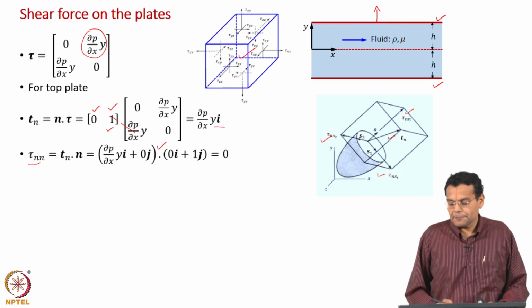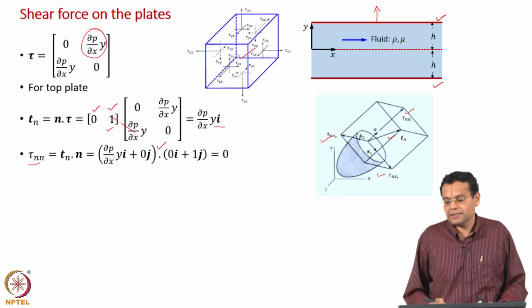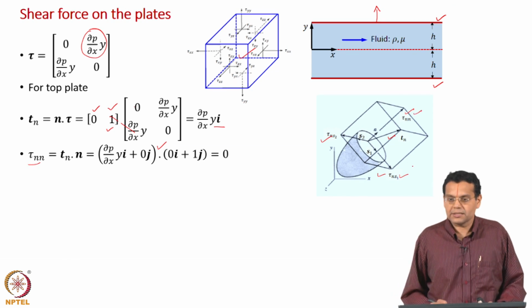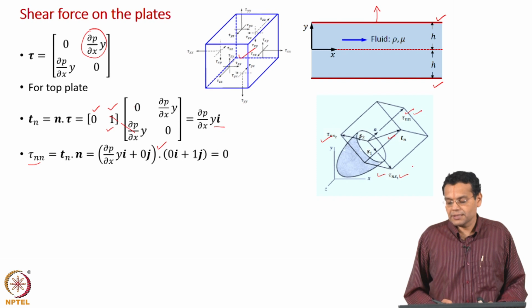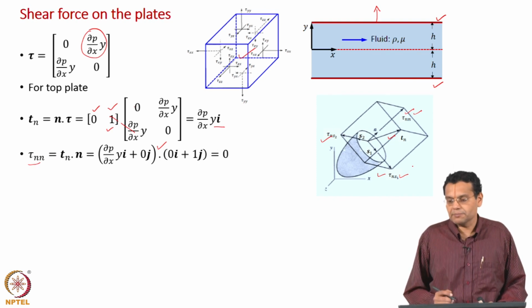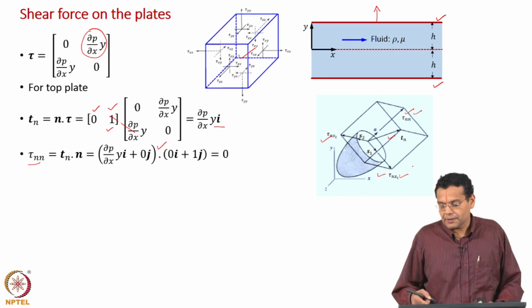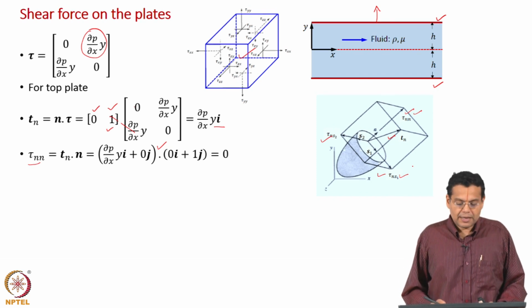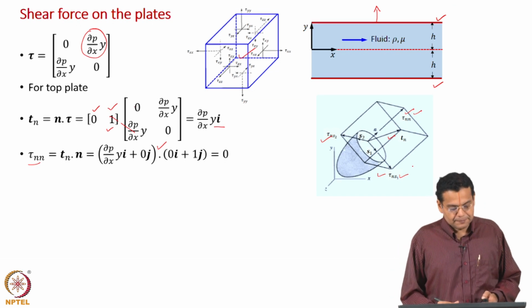In this case, because it is 2 dimensional, we will have 1 normal stress and then 1 shear stress. Of course, the normal stress in this case will turn out to be 0, so you will have only shear stress, but because it is 2 dimensional, we have only the n vector and the S1 vector, and instead of S1 vector I will call it the S vector. Okay. Well, let us proceed.